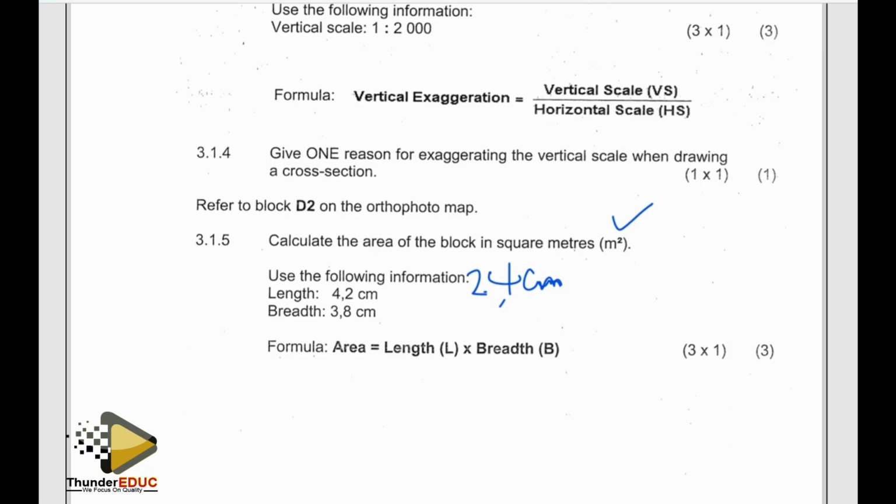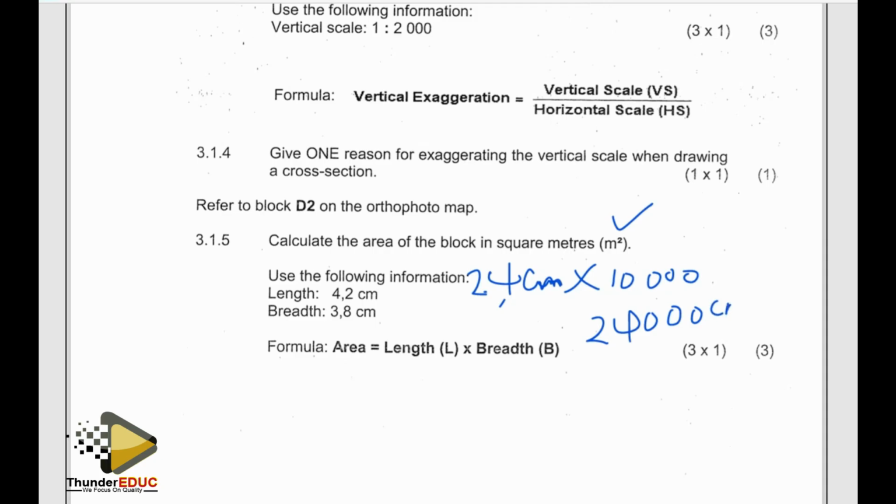If you get a length of 4.2 and you are extracting this from the orthophoto map, you multiply by the map scale of the orthophoto map, which is 10,000. Let me do it the longer way and the shorter way. 4.2 centimeters, you multiply by the map scale 10,000. You get 42,000, which gets 24,000.